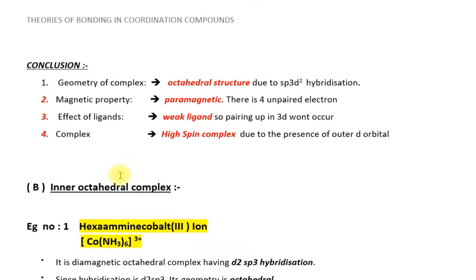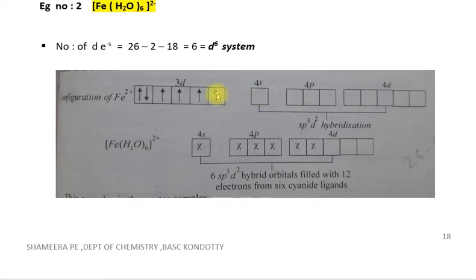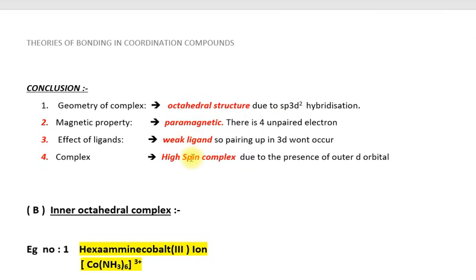The conclusion of this example is also an octahedral complex, because of the sp3d2 hybridization, and its magnetic property is paramagnetic because it has unpaired electrons. The ligand is weak, so the pairing won't take place. Therefore the complex will be a high spin complex due to the outer d orbital.